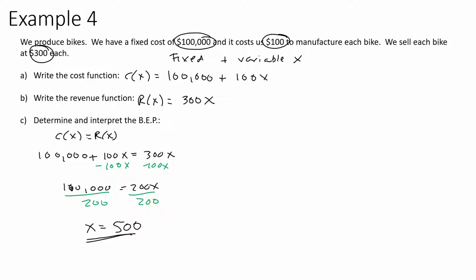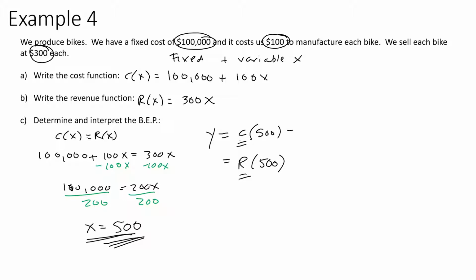The y coordinate is the amount of money going in and coming out, which is the same at the break-even point. So the y coordinate is going to be C of 500, or it will be R of 500, because recall that at the break-even point, 500, the cost and revenue are the same. So I can calculate either one of these.